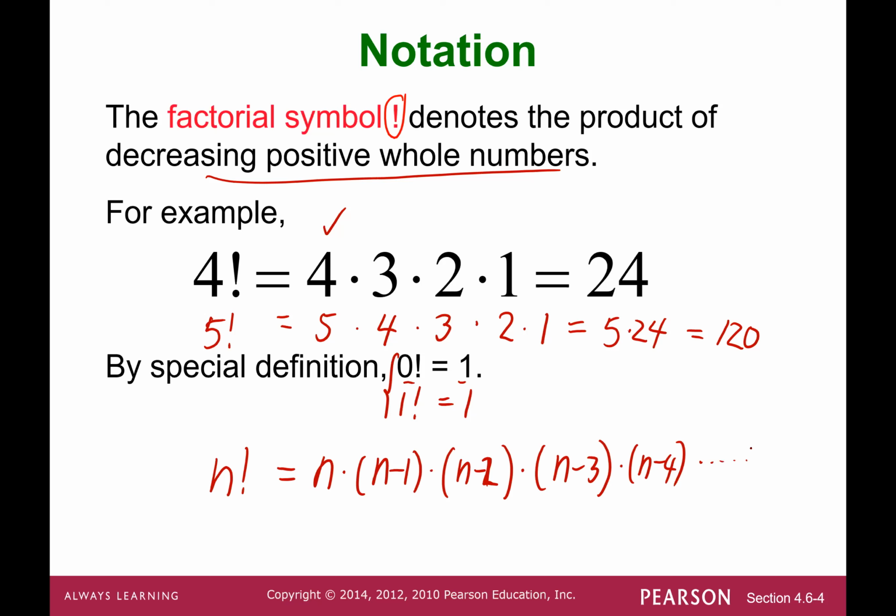Eventually, the last 3 numbers will be 3 times 2 times 1. It starts with n and ends with 1. No matter how complicated it is, it's always the case. Okay, so that's factorial. Any questions about factorials?